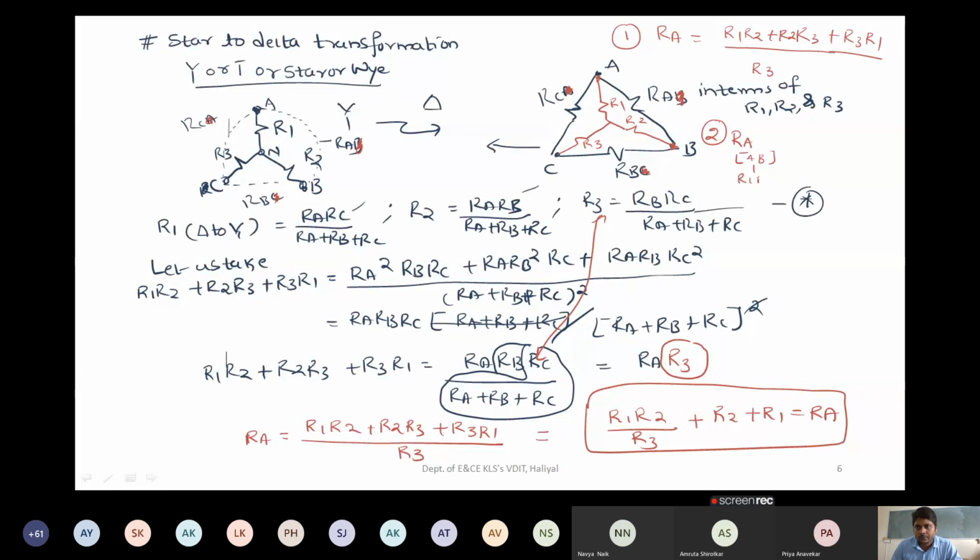R1 and R2. The resistor which is not connected is R3. So we take the product of the resistors connected to the nodes A and B, that is R1 into R2, divided by the one which is not connected. Then you have to add the same resistors. I don't have much space here to explain clearly, so I will adjust it here. Just check that.